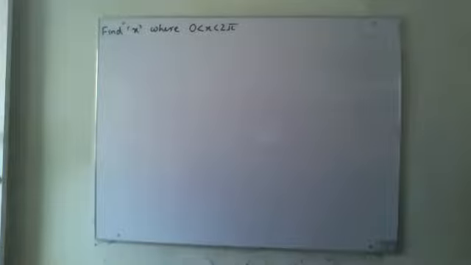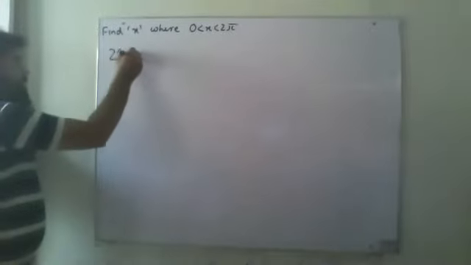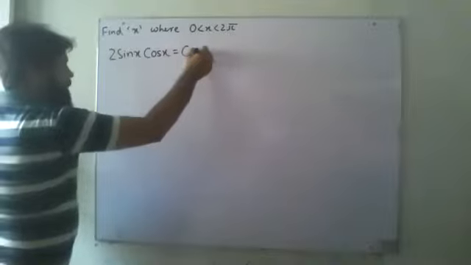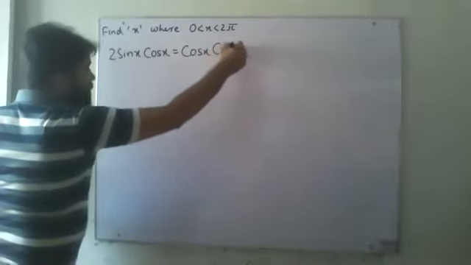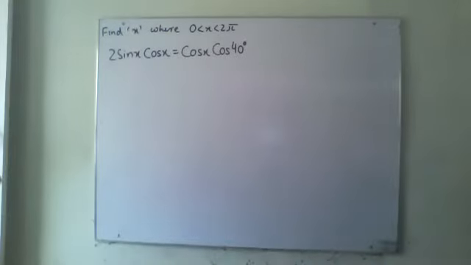So again, the same thing I have to find, and they have given us the question 2 sine x cos x equals cos x cos 40 degrees. Okay, this is the question given to me.